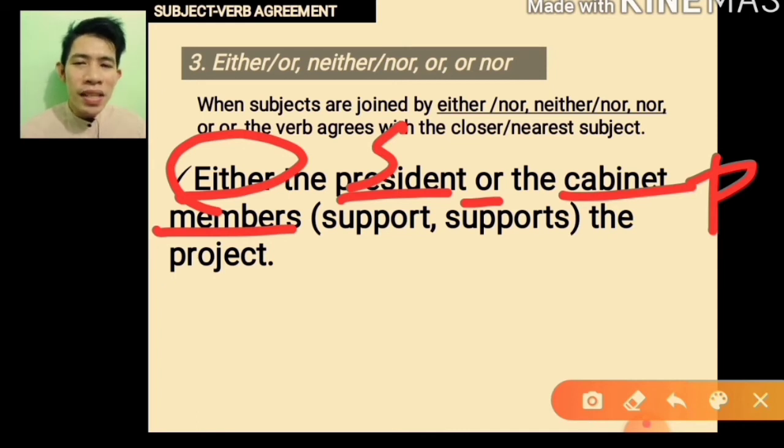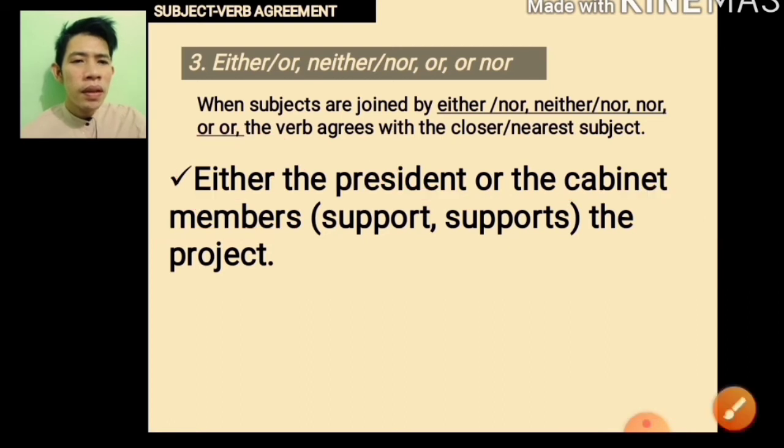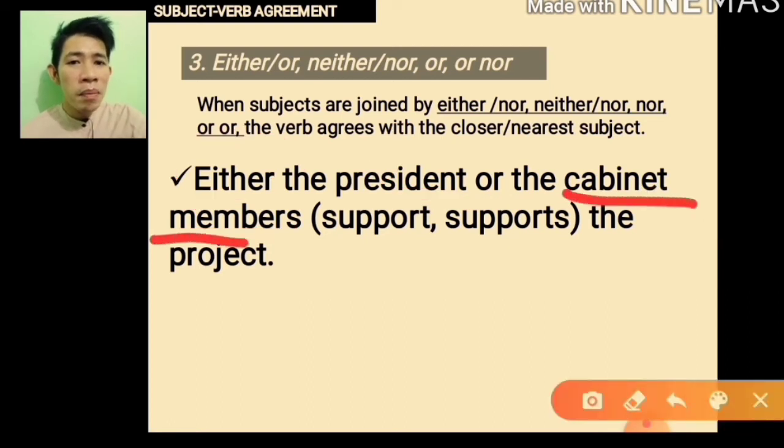Now, in this sentence, saan or sino ang pinakamalapit kay verb? Ang president ba or ang cabinet members? Correct, that is the cabinet members. So, cabinet members, what is that? Singular or plural? Plural kasi may S siya, di ba? Marami siya. So, in other words, the verb that we'll be using is plural as well. Ano nga yung rules?